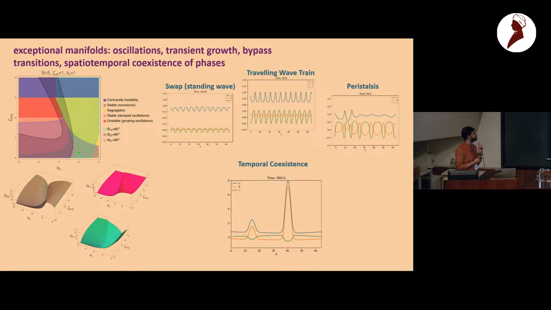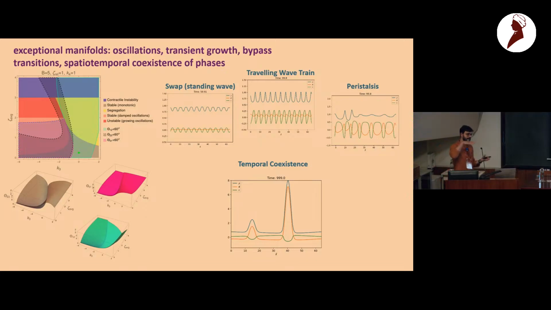A crucial example of such exceptional points is usual fluid turbulence. The linearization of our Navier-Stokes equations is also a matrix that is not Hermitian, so it also has exceptional points. And there is something in fluid dynamics called bypass transition to turbulence.